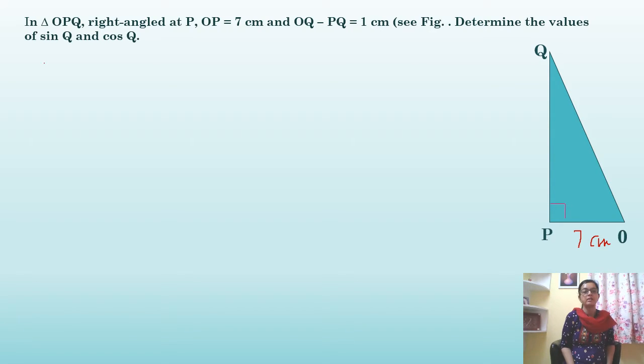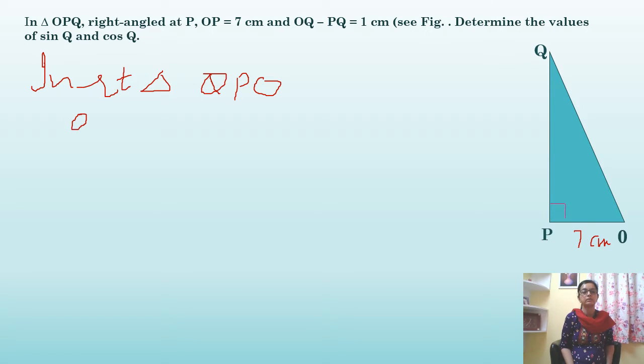We have a right triangle Q, P, O. By Pythagoras theorem, OQ squared is equal to OP squared plus PQ squared.